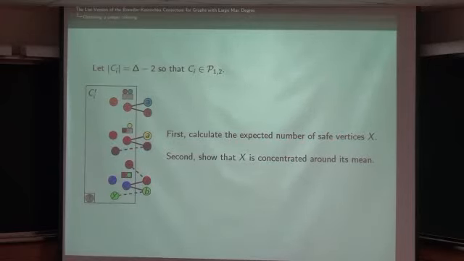And then by using Azuma's inequality, I will say the probability that the random variable deviates from its expectation is very, very low, which means the probability that this bad event happened is very, very low. So in the end, all we have to do is show that the probability that X deviates from its mean is very, very low.